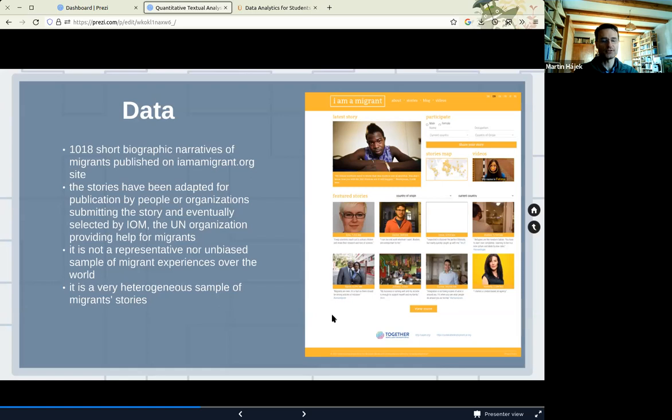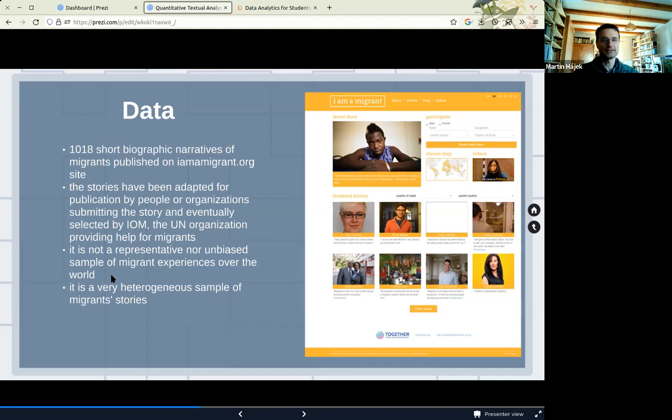And I can suppose that if some story was not complying with this educative purpose, it was not included in the website. So we have to say that the sample of stories is not representative. Definitely, it's not representative for all migrants. It's not a random sample of migrants in the world in current time, nor is it unbiased.